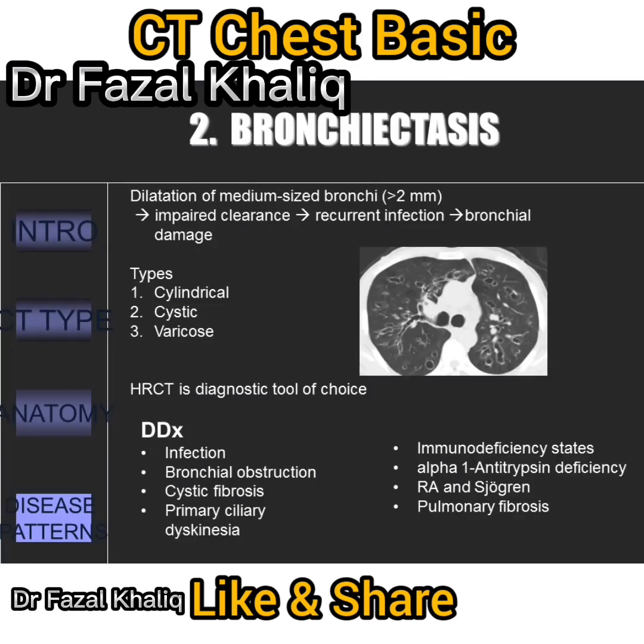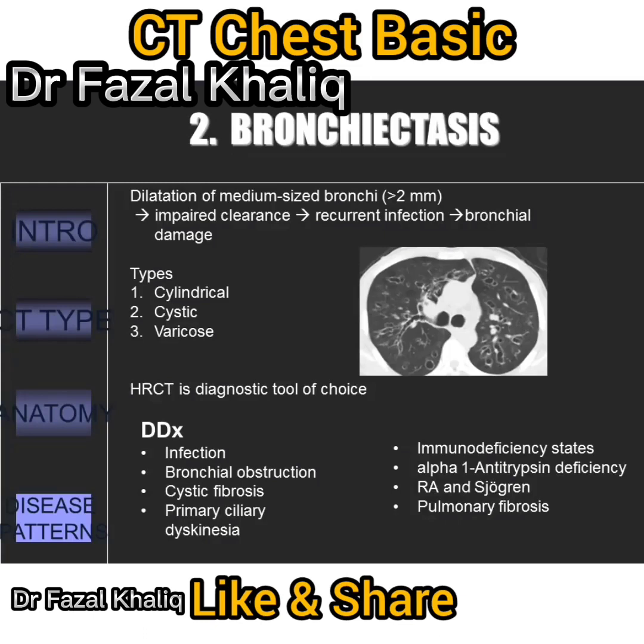Bronchiectasis is the abnormal dilatation of the medium-sized bronchi that are greater than 2 millimeters in diameter, caused by the destruction of the muscular and elastic components of bronchial walls. The proximal bronchi are less affected because they have more cartilage and are more resistant to dilatation. Damage to the muscular and elastic components of the bronchial wall is caused by either infectious or inflammatory cytokines.